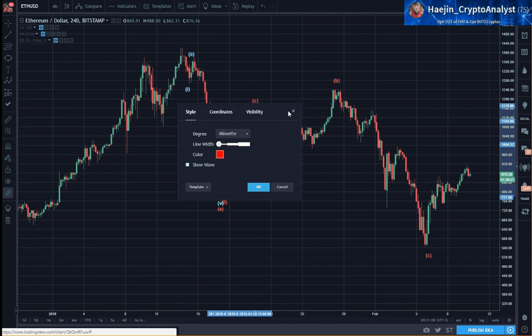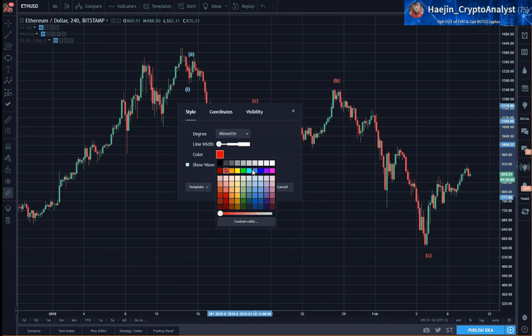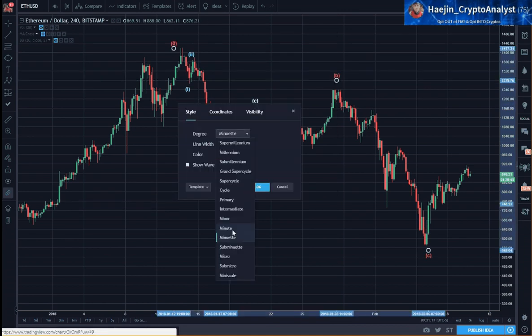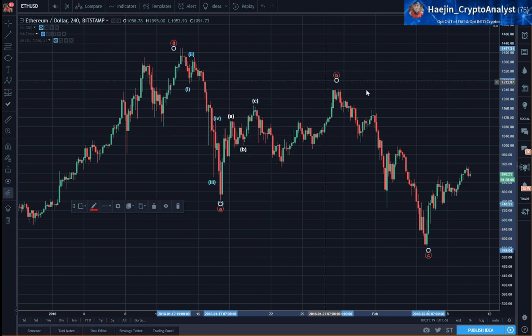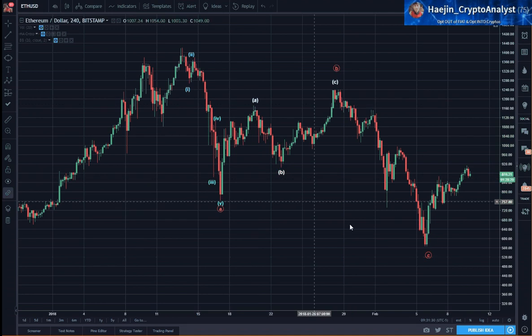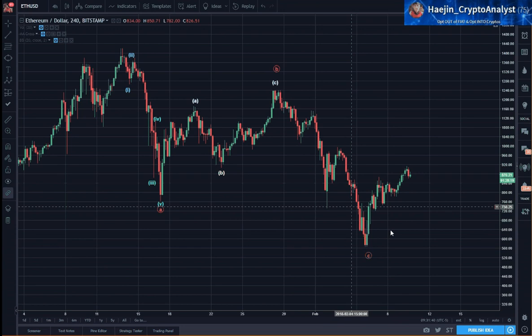Whereas in fact, the C is here, and the B is here, and the A is right there. And then the remaining C wave has to have 5 subwaves for a zigzag.